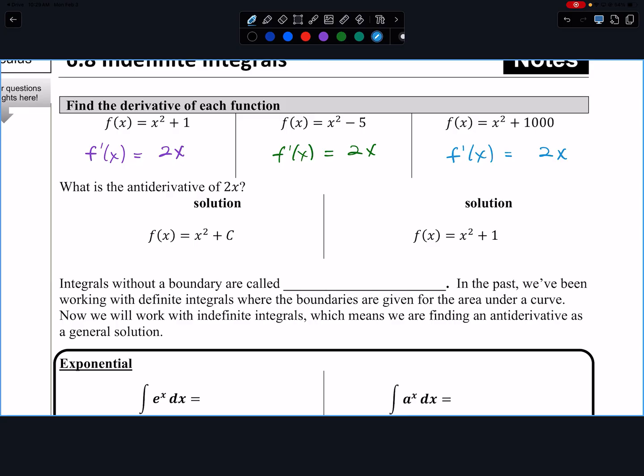If I took the antiderivative of 2x, we would get x squared. But notice in each of these functions, the plus c was different, okay? So what you guys are going to learn in this section is a general solution. Highlight this. A general solution of a function's antiderivative is the plus c, okay?